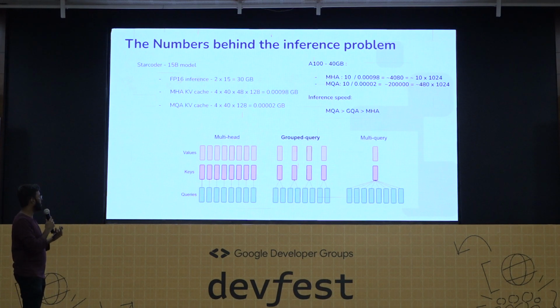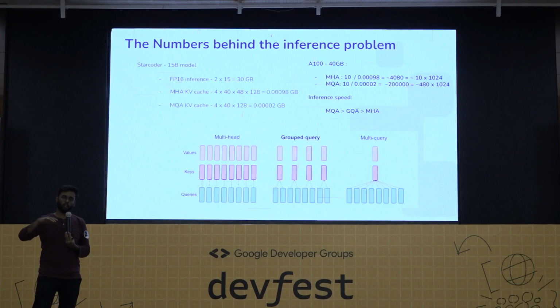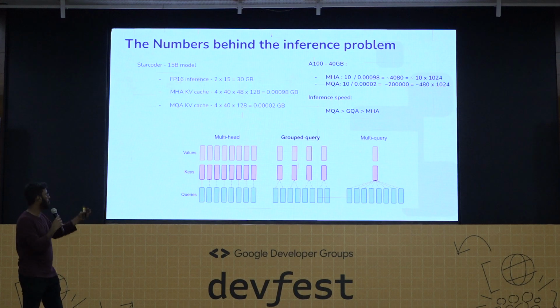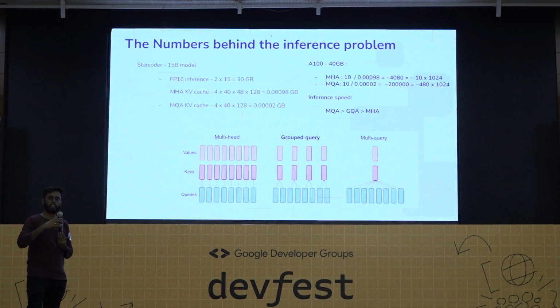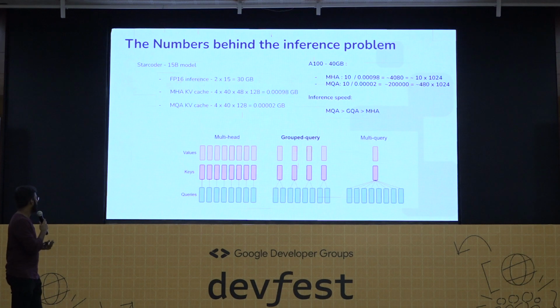And if it's MQA, you get the advantage of using MQA. It is much faster and lower in memory usage, and you can also generate much longer sentences, or fit a much bigger model.